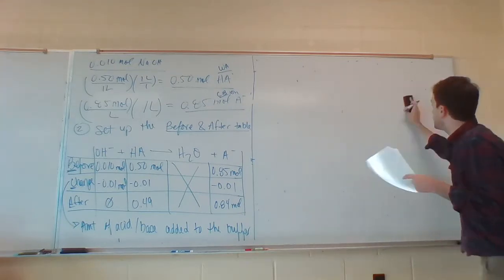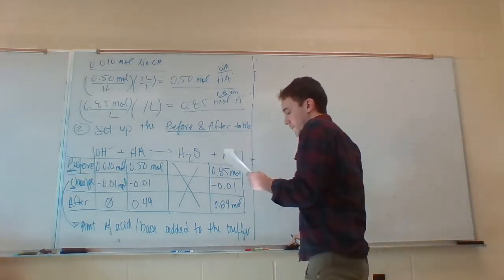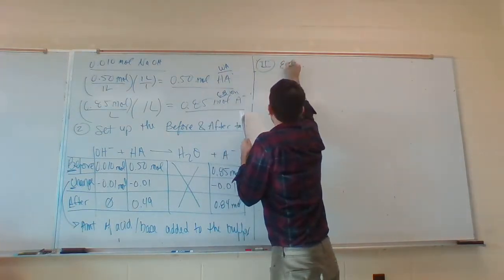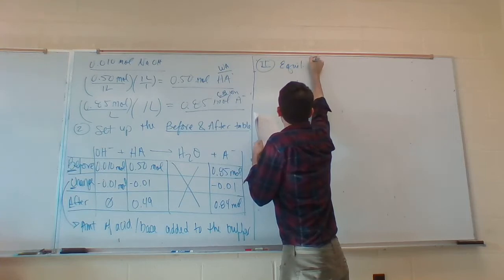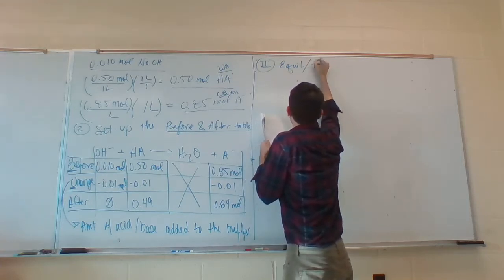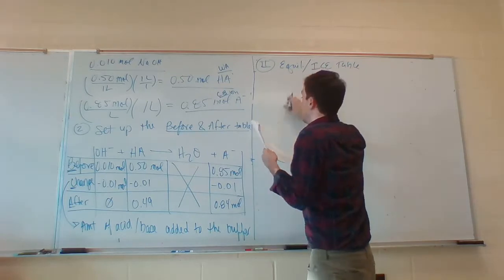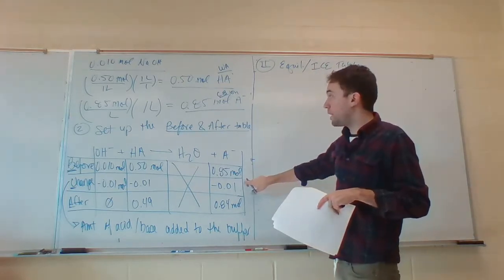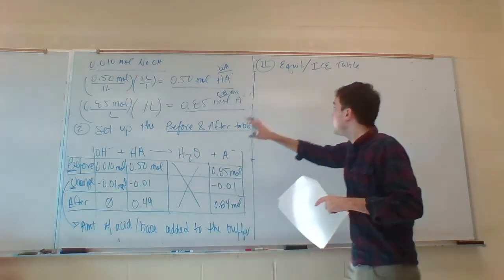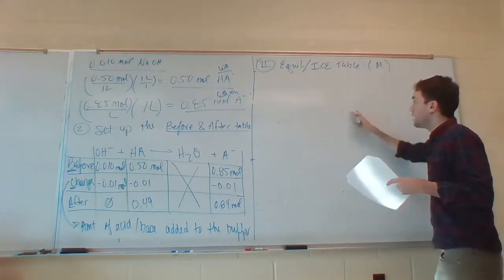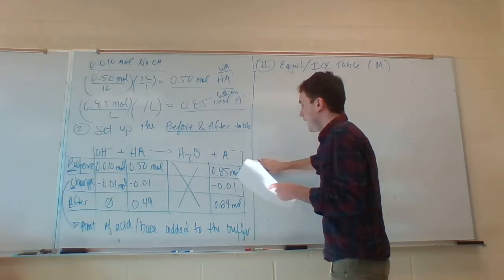So our next step, step 2, is our equilibrium step, which was our ice table. Now, we used moles as a reminder for our before and after table, and we have to do our equilibrium table with molarity.